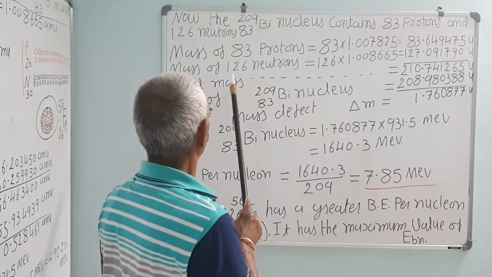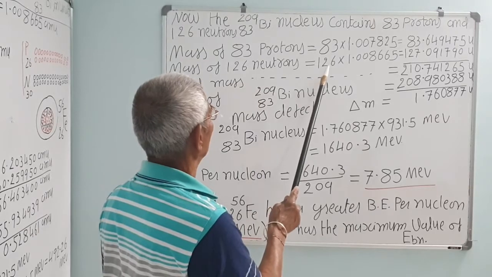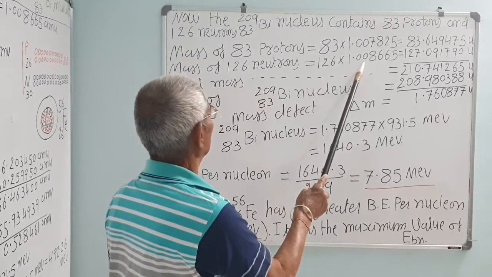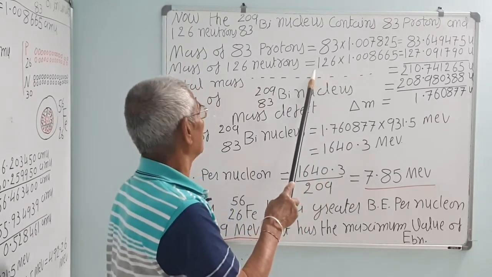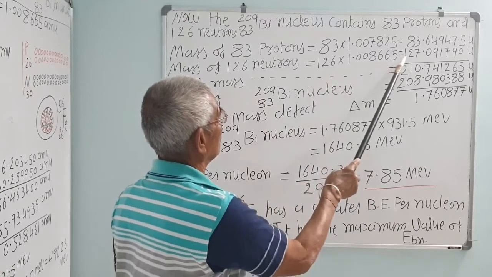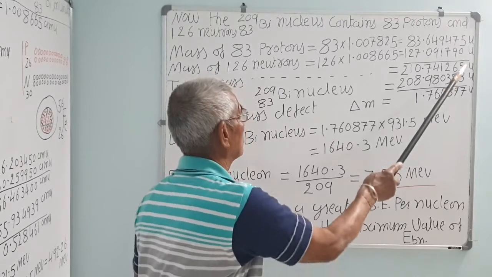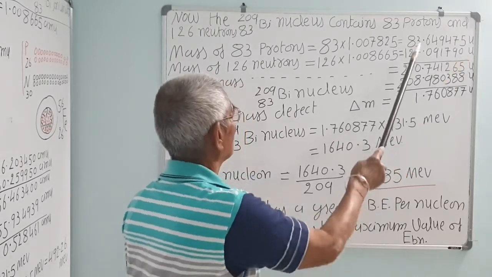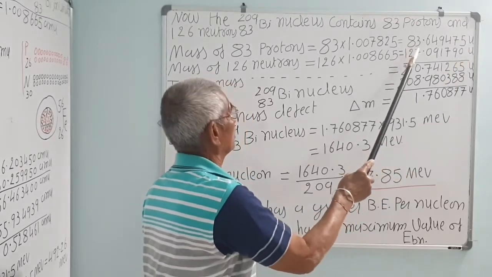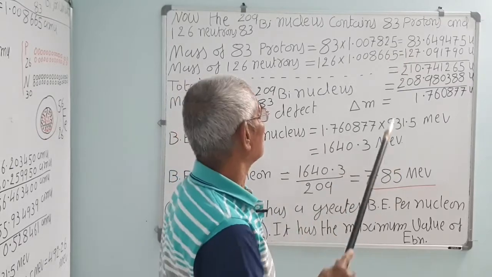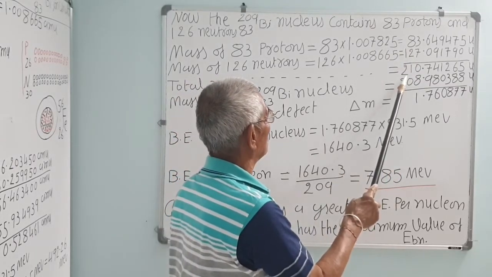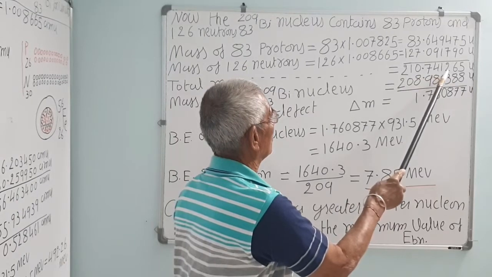The mass of 126 neutrons is the mass of a neutron multiplied by 126, that is 127.091790 atomic mass unit, U. The total mass of the 83 protons and 126 neutrons in isolated form is 210.741265.